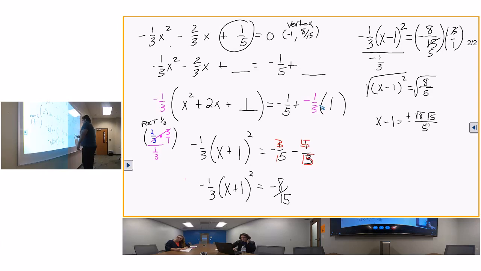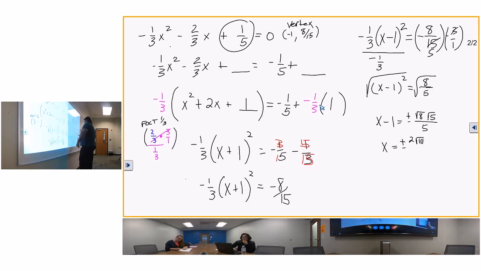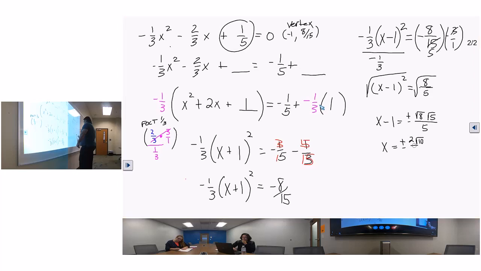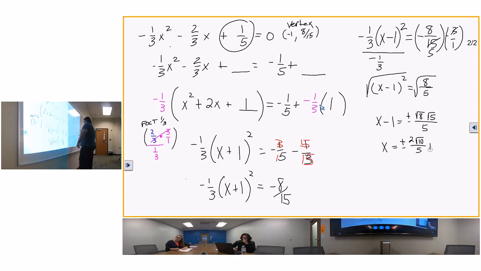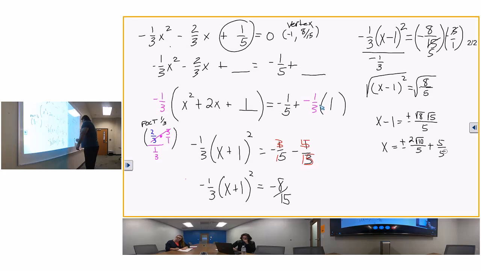So X is equal to positive or negative 2 square root of 10 over 5 plus 5 over 5. And that's going to be X is equal to positive or negative 2 square root of 10 plus 5 over 5.